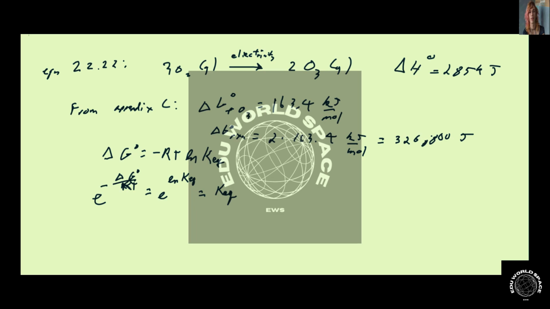The ideal gas constant that we'll use for this is 8.314 joules per mole Kelvin. And we've got our temperature of 298 Kelvin.